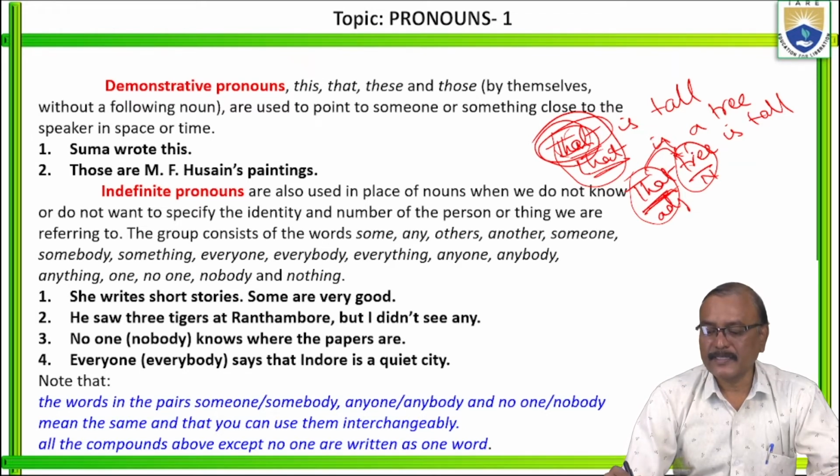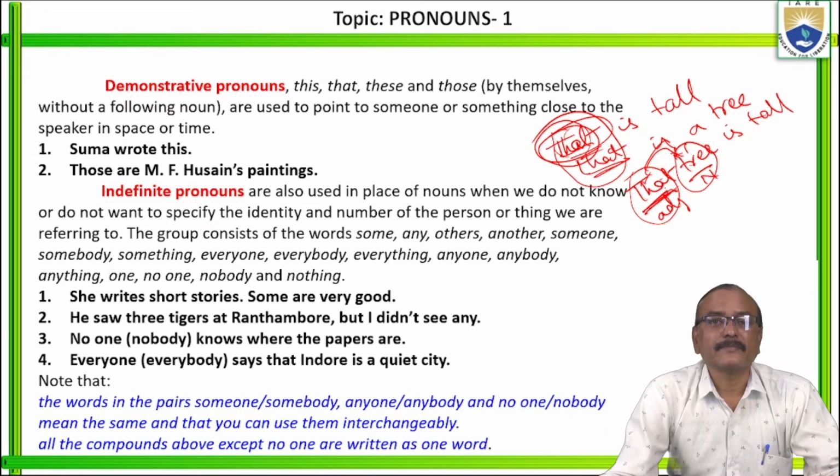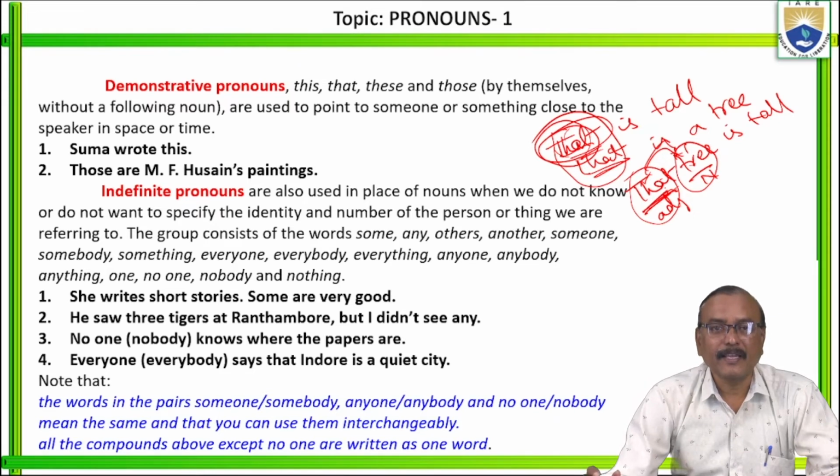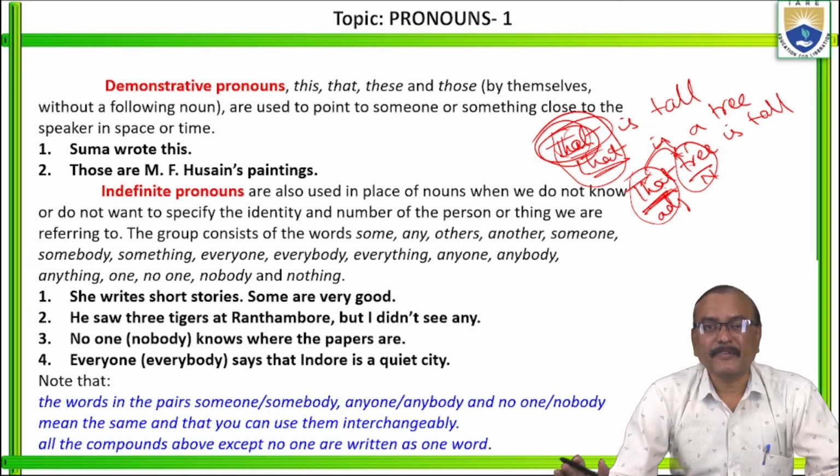But here, it is preceding a noun. If it is preceding a noun, it becomes an adjective. If it is used in the place of a noun, it is called a pronoun. Here also, some candidates go wrong when they can't apply the definition.